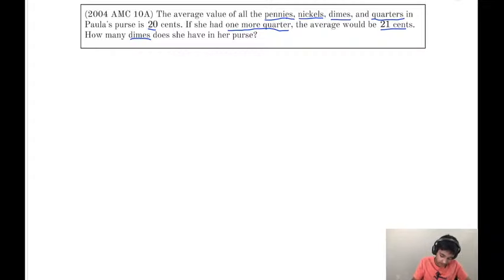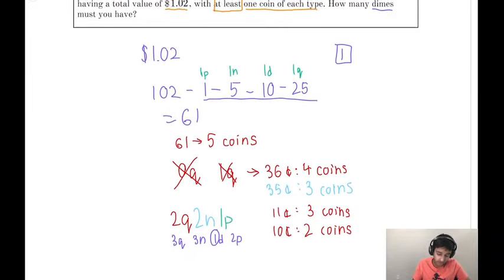If you didn't see it here, sorry, it was off the page. Basically what I did is I did the different cases, and you add that on: one penny, 1 nickel, 1 dime, 1 quarter, and then we get that there's 1 dime.